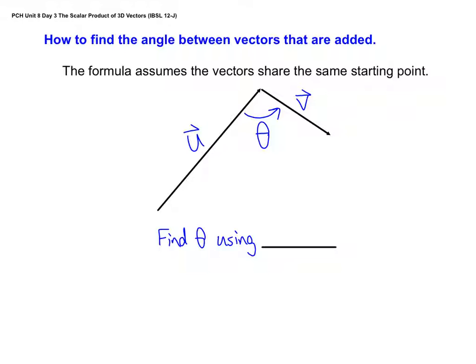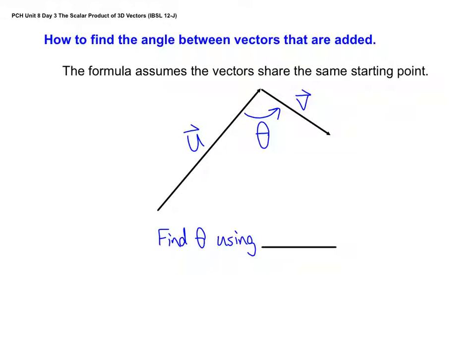Now, here's one thing you got to be careful with. We mentioned it briefly in the last unit, but I want to revisit it here because it'll show up. You got to watch out because sometimes we want to find an angle between two vectors, but it's after the vectors have been added together like this. That's not the angle that our formula will give us.